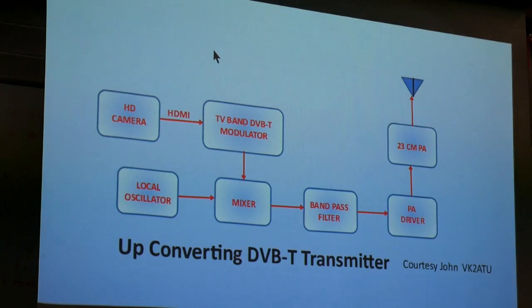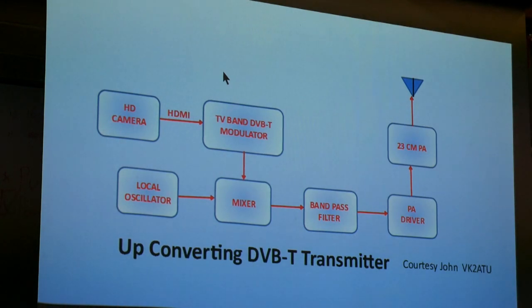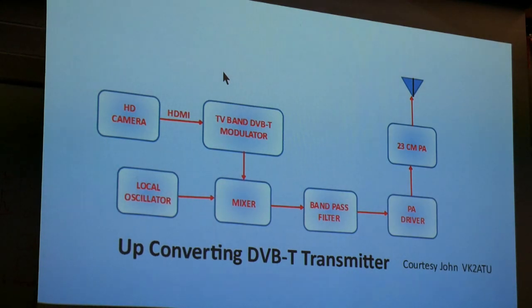But we needed a decent modulator for the repeater, so we went out and spent some money on one of those high-def modulators, which does a reasonable job at a reasonable bit rate. They're still not as good as you can do if you really work hard on it, but it was good enough for our TV repeater. And it worked pretty reliably.